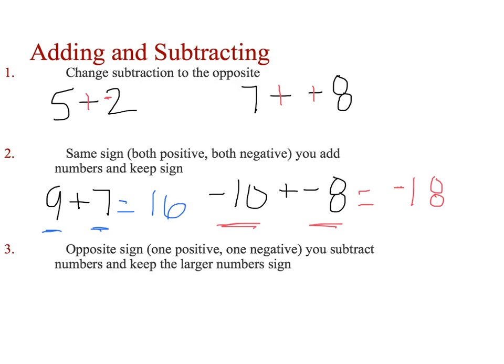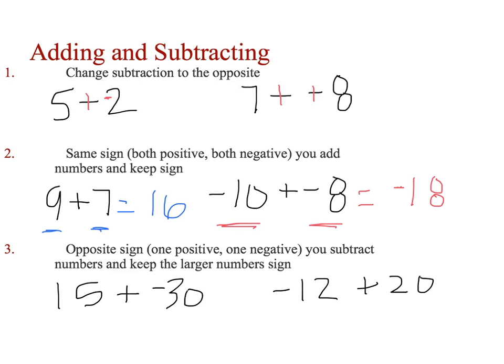Now, if I have opposite signs, one positive, one negative, you have to subtract the numbers and keep the larger number's sign. So two examples of that could be, let's have 15 plus a negative 30. I could have also had negative 12 plus 20.